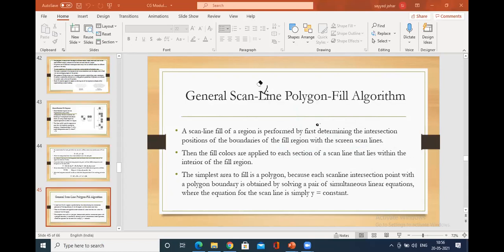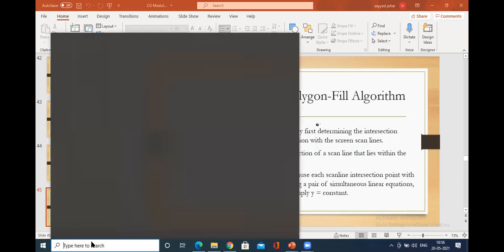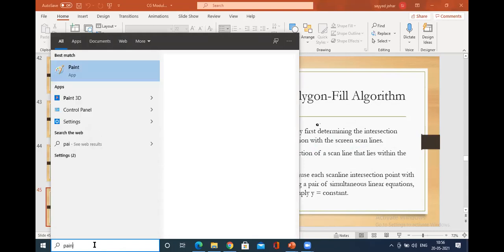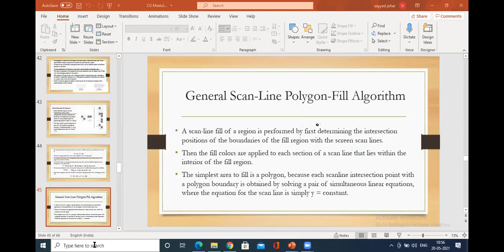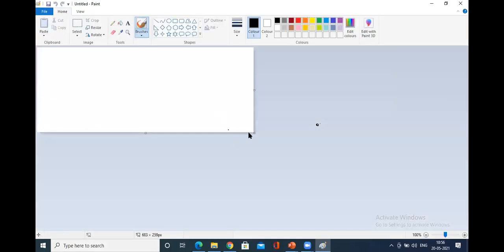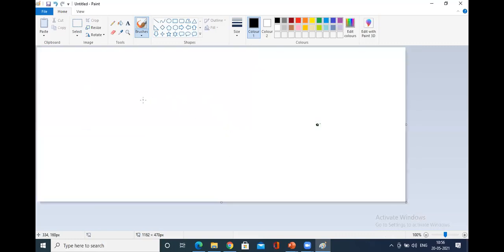So once again, the scanline fill area algorithm is one of the algorithms to fill a given polygon. For example, see what happens. Maybe you have a triangle. I have to scan this.